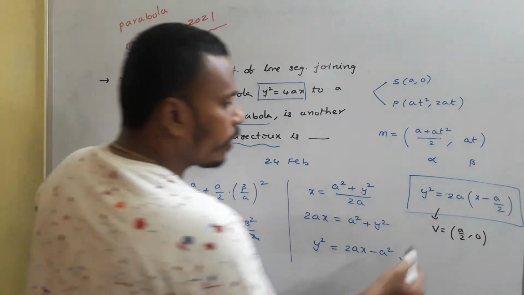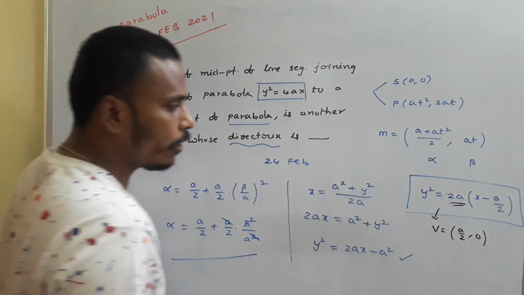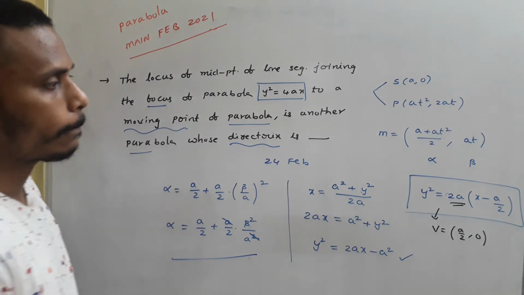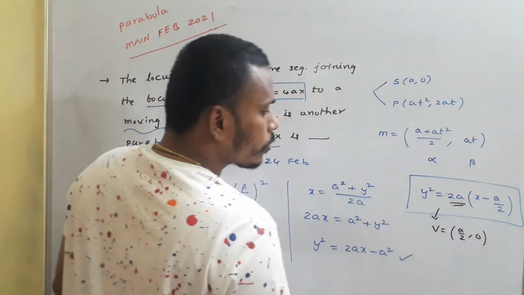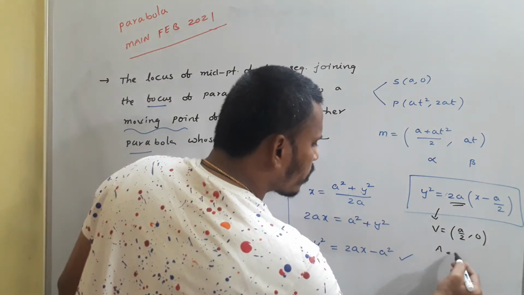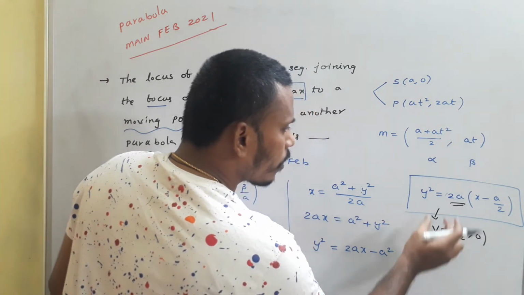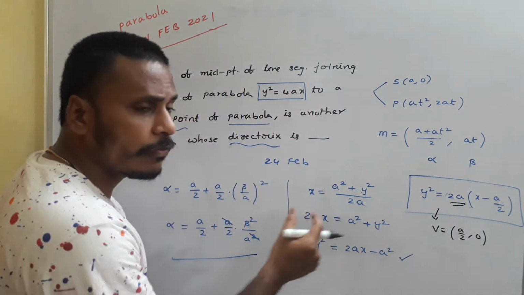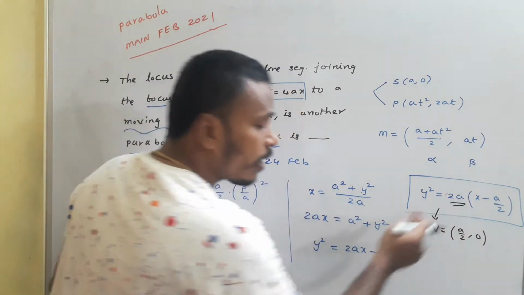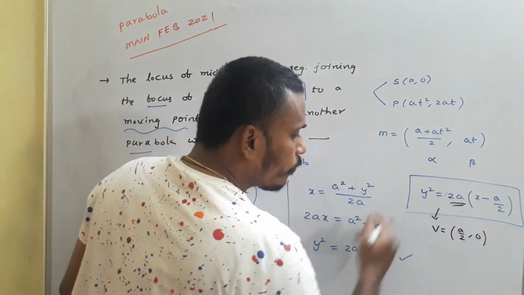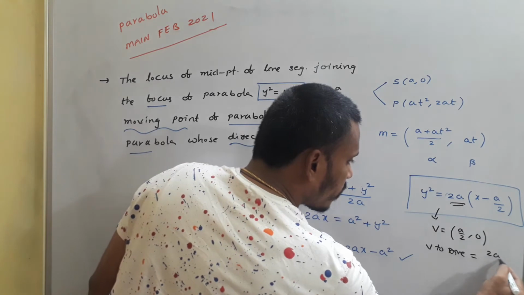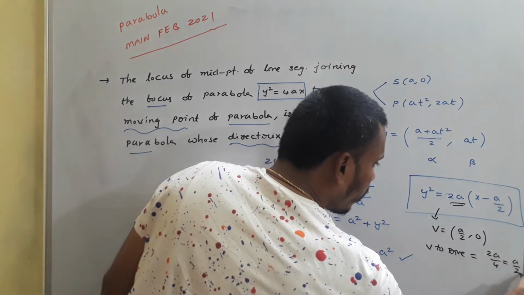And the next thing, when you compare this 2a with our 4a, the distance between the vertex and the directrix is this constant part divided by 4. So 2a by 4. The vertex to directrix distance is 2a by 4, which is nothing but a by 2.